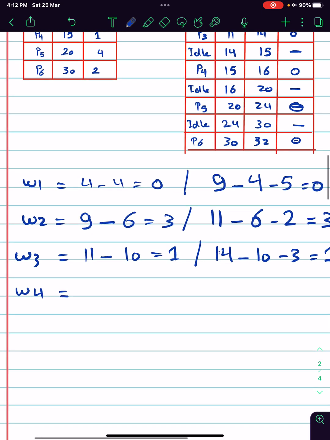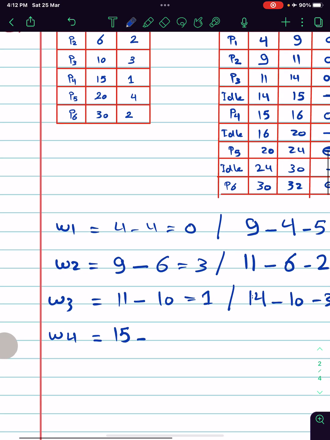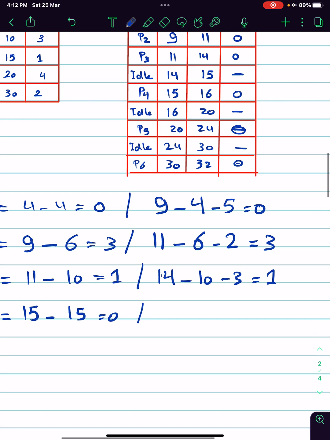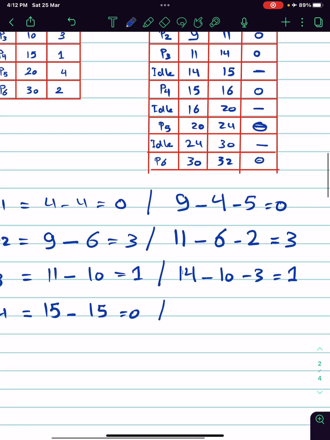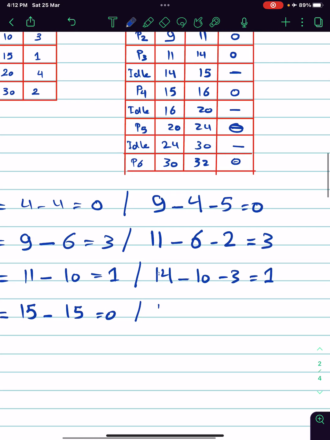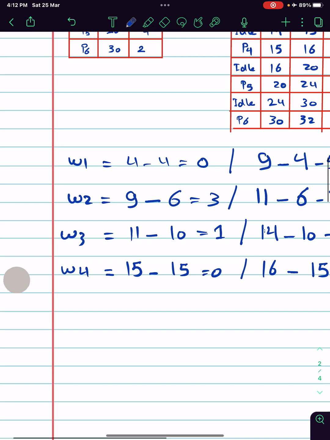P4, it started at time 15, it arrived at time 15, so the waiting here is 0. Let's apply the other equation. P4 finished at time 16, it arrived at time 15, the burst is 1, so the waiting time is 0.